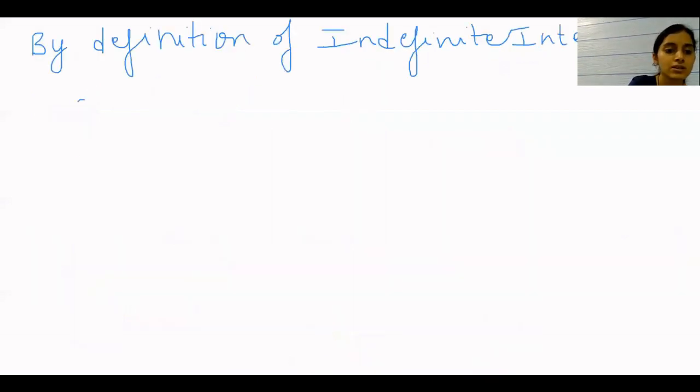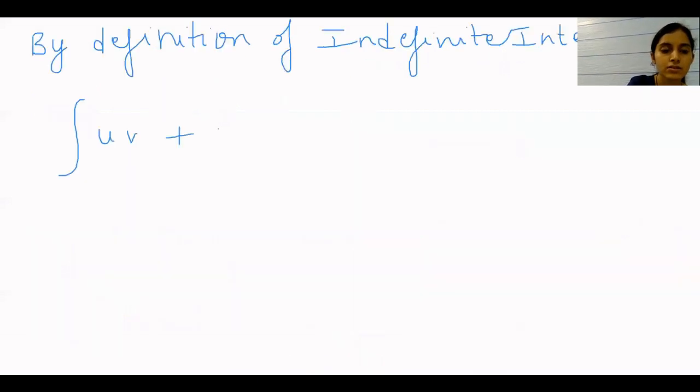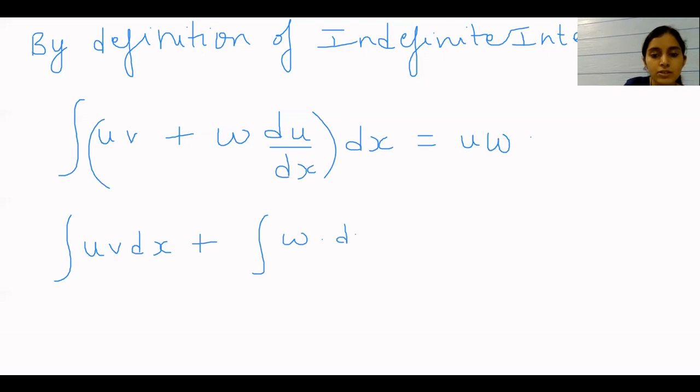That is, integral of uv plus w du by dx, dx, is equal to uw. This is how we write the definition of indefinite integration. Now let us split the integration sign: integral uv dx plus integral w du by dx into dx equals uw.